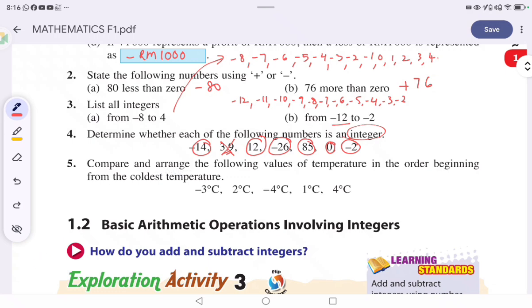Compare and arrange the following values of temperature in the order beginning from the coldest temperature.